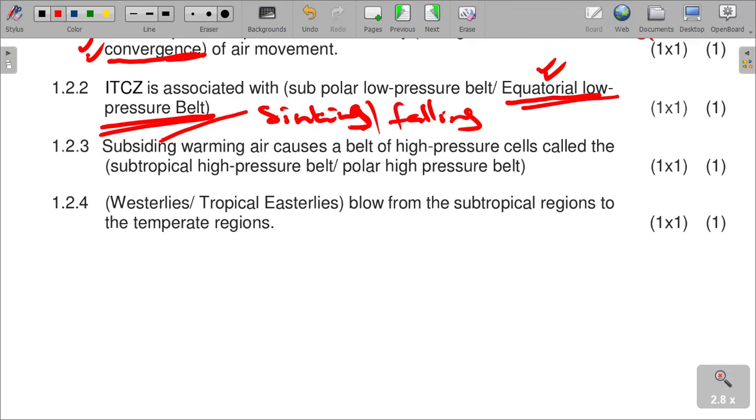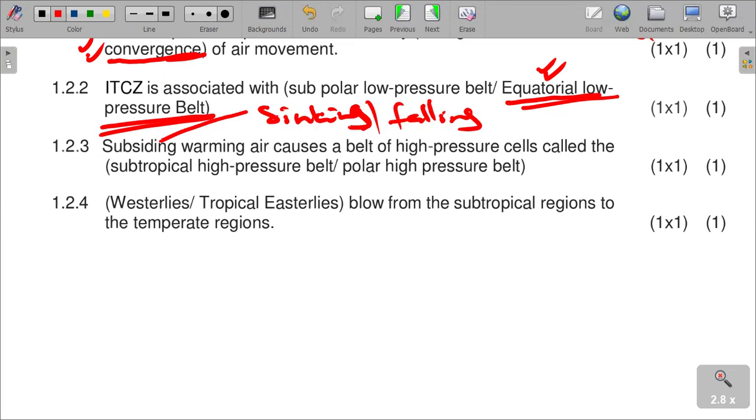So when air masses are falling, they are associated with an increase in temperature. When they are rising, rising air masses cause temperature to cool down. Sinking air masses cause temperatures to warm up.